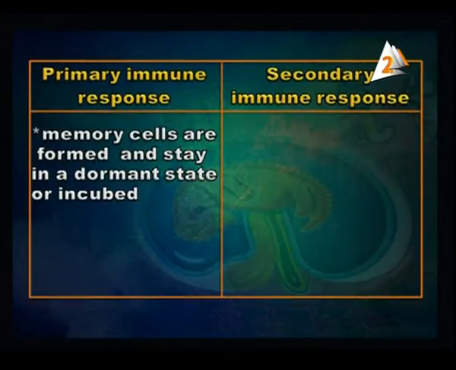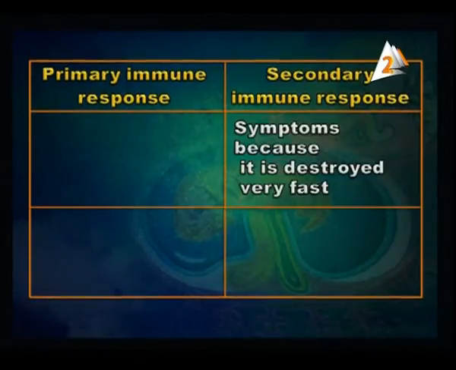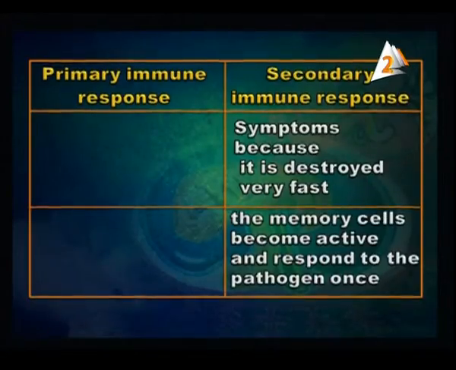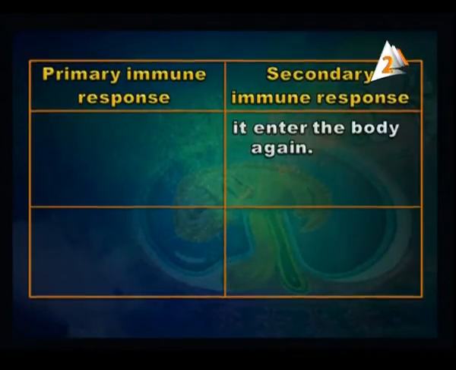In the primary immune response, we found that the memory cells are formed and stay in a dormant state or incubate state, while the memory cells become active in the secondary immune response and respond to the pathogen once it enters the body again.